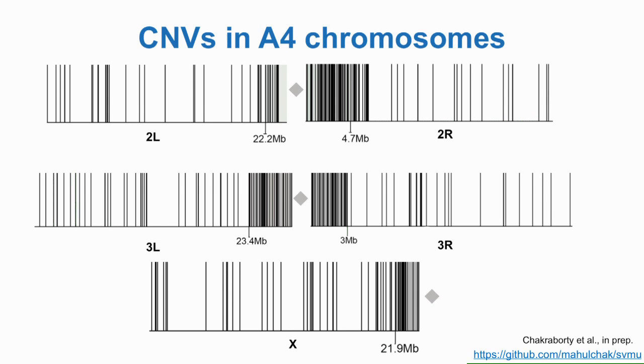I'm not showing you other things I have found, no TE insertions, nothing. These are only CNVs, the distribution of the CNVs across chromosome arms. You can see that the parts which are grayed, the centromeric heterochromatin, are enriched with CNVs. The distribution of CNVs in the rest of the genome is more or less similar.